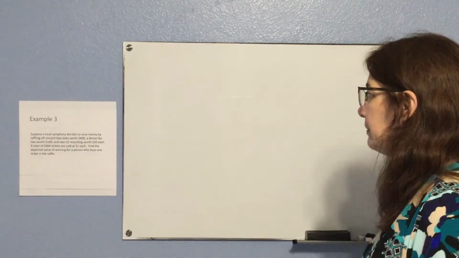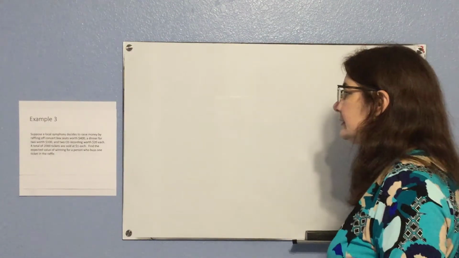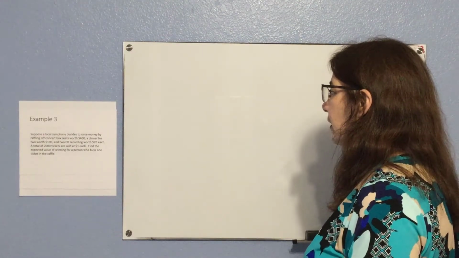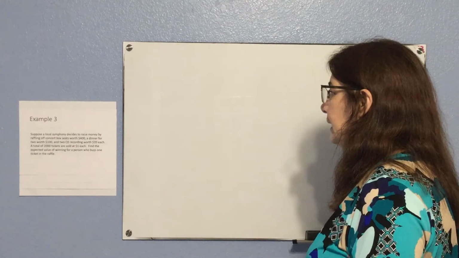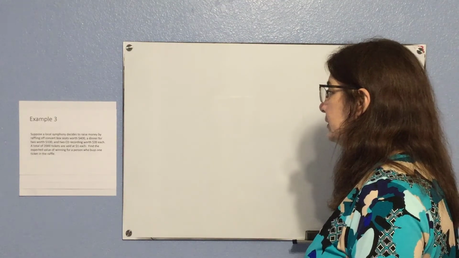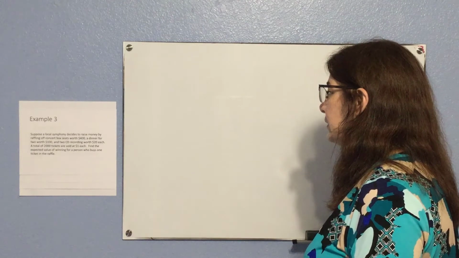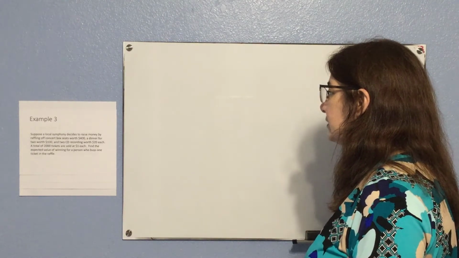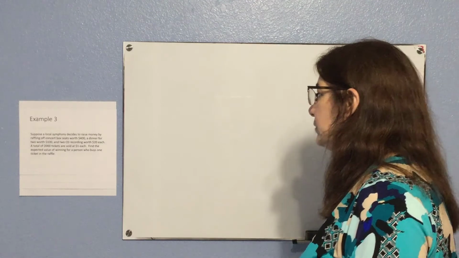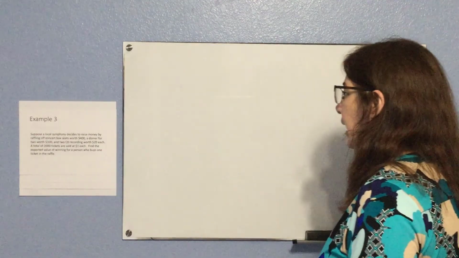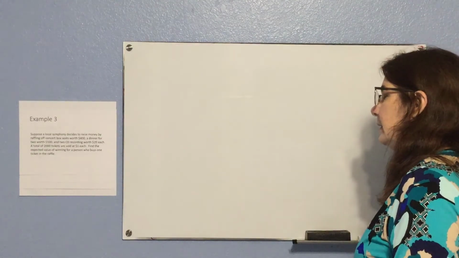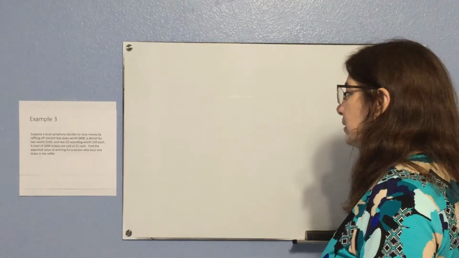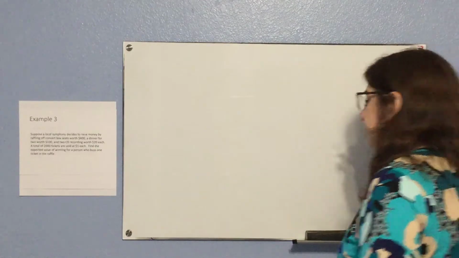So, in this example, a local symphony decides to raise money by raffling off concert box seats worth $400, a dinner for two worth $100, and 2 CD recordings worth $20 each. A total of 2,000 tickets are sold at $1 each.